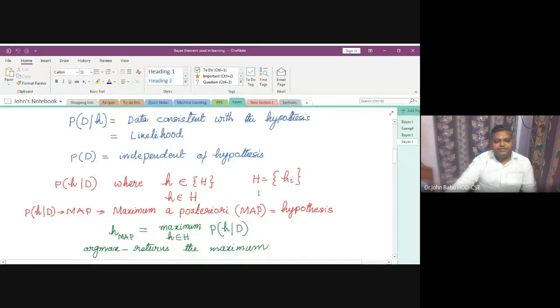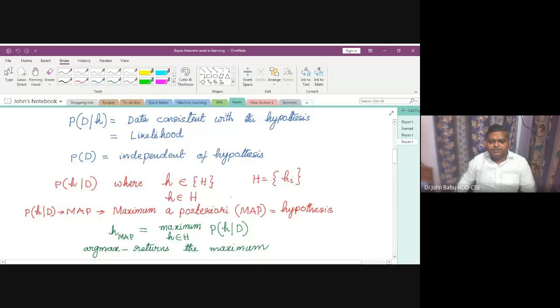So we are considering capital H, which is a space of hypotheses, the set of some hypothesis Hi.